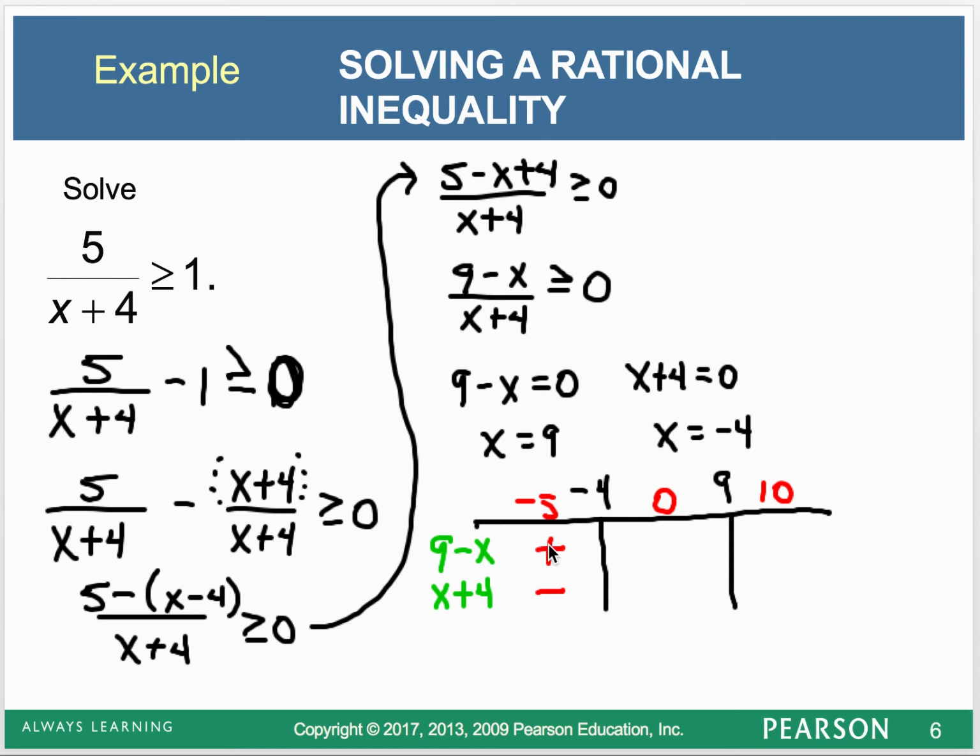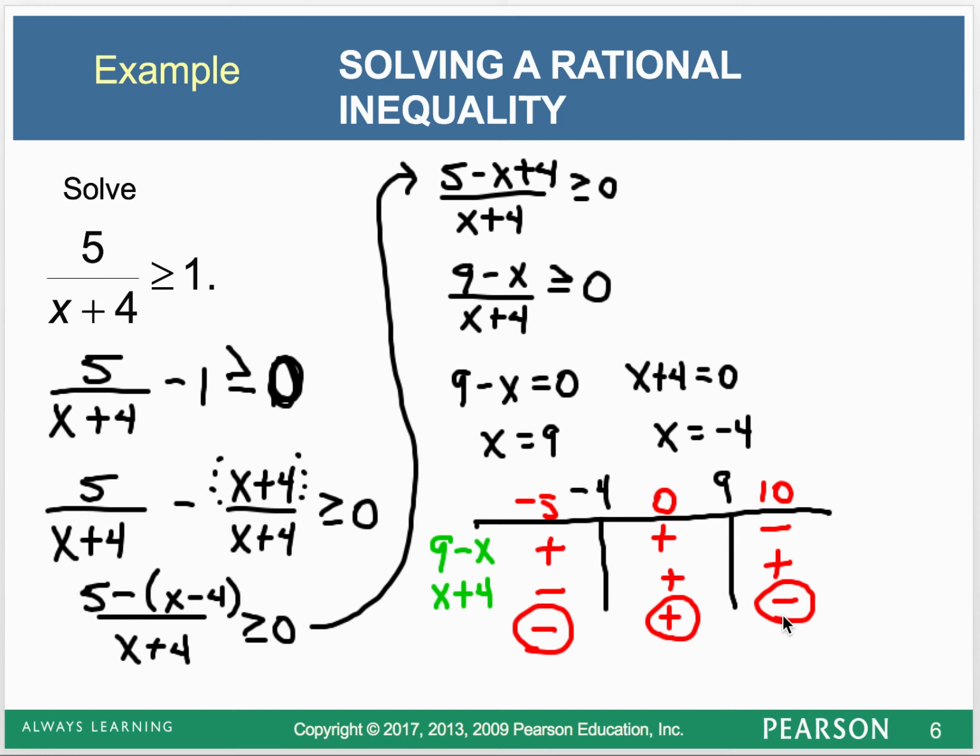A positive divided by a negative is still a negative. 9 minus 0 is positive. 0 plus 4 is positive. And a positive divided by a positive is a positive. 9 minus 10 is negative. 10 plus 4 is positive. A negative divided by a positive is a negative.